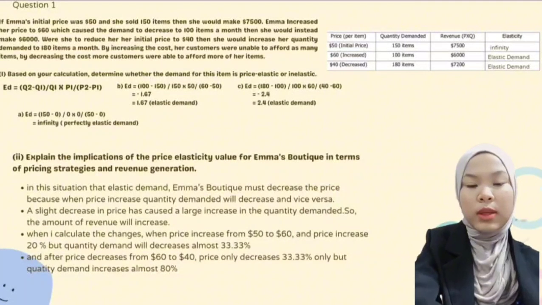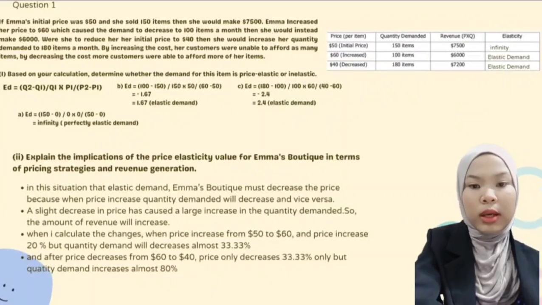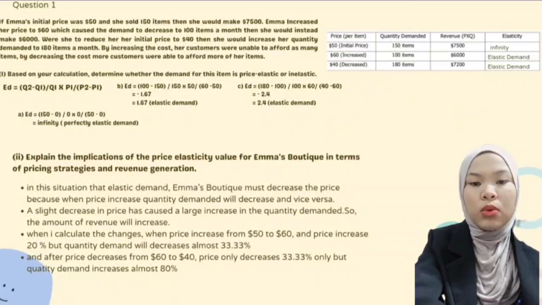So I will start with equation 1, in which I calculate all the elastic demand. I use the formula for elasticity of demand: quantity 2 minus quantity 1 over quantity 1, times price 1 over price 2 minus price 1.